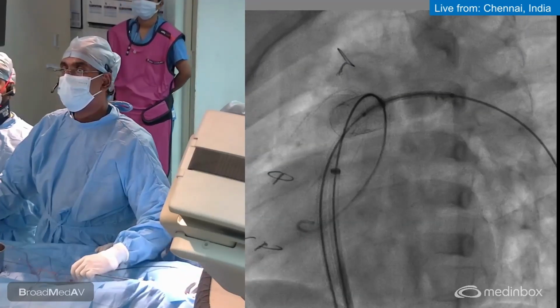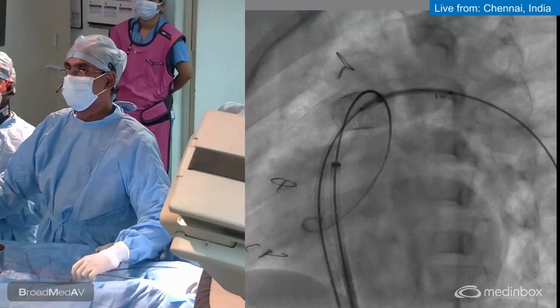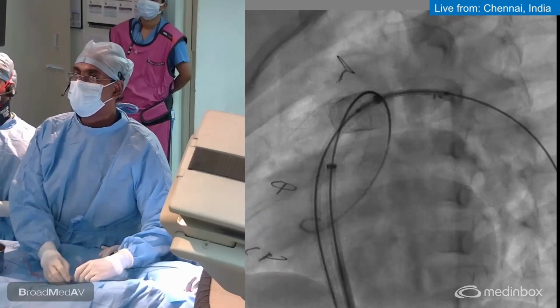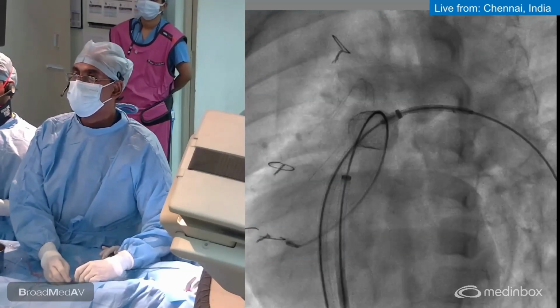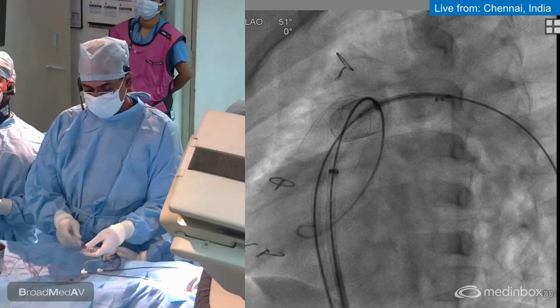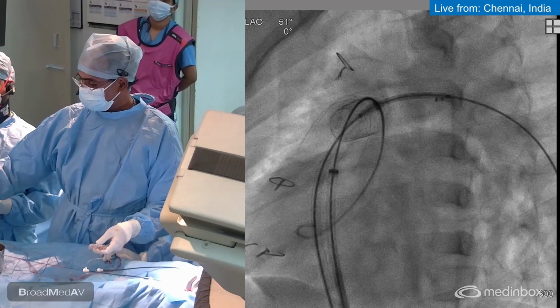So now I'm coming. We are beginning to have higher pressure recording, right? Yes. I'll make one angiogram at this point.